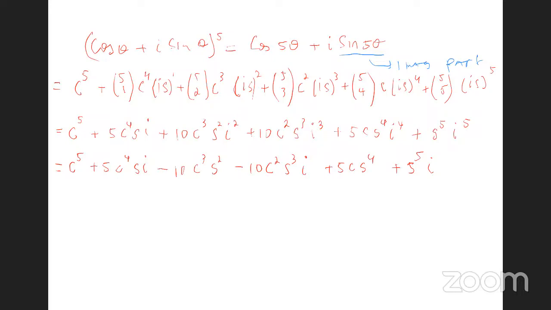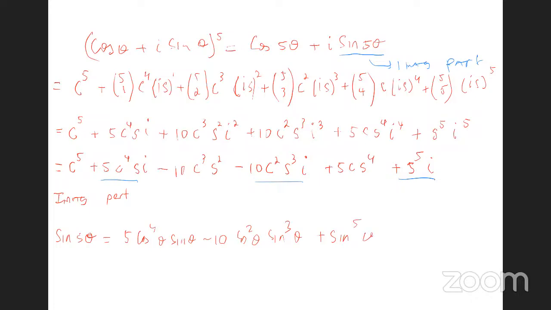So let us see how we will do this. I'll take out the imaginary part one time. The imaginary part will be here, here, and here. Real easy, right? So that'll be sine 5 theta is equal to, I'll convert back to cos and sine, 5 cos to the 4 theta sine theta minus 10 cos squared theta sine cubed theta plus sine to the 5 theta.